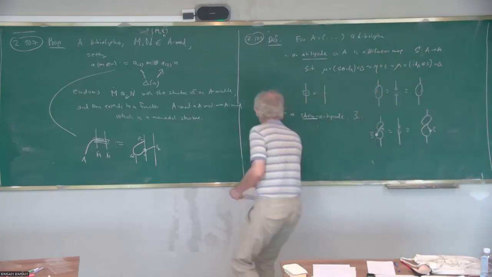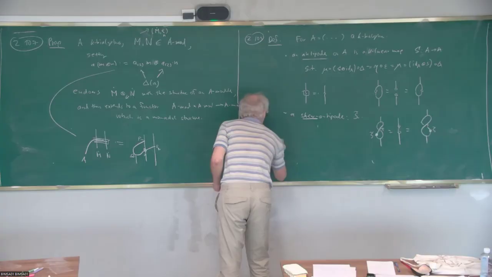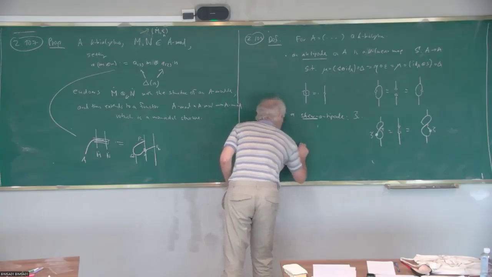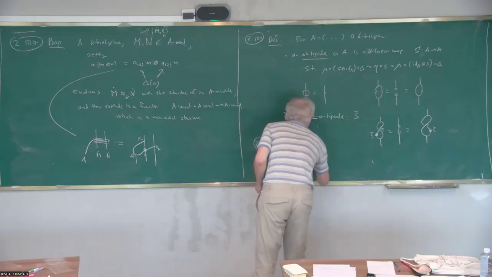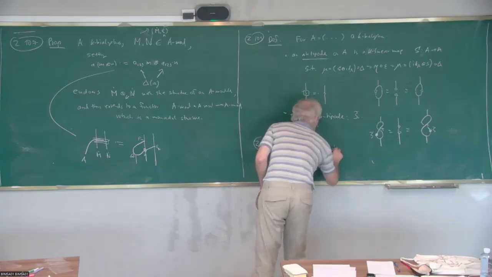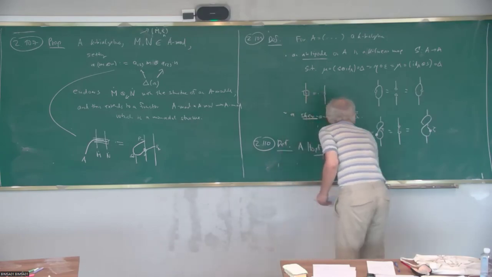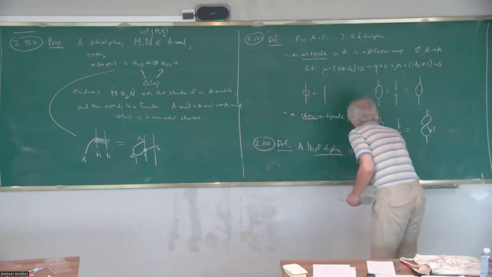And then the main definition here is that a Hopf algebra is a bi-algebra together with an antipode.